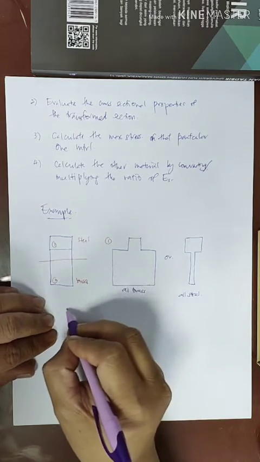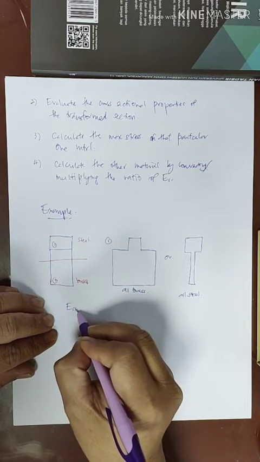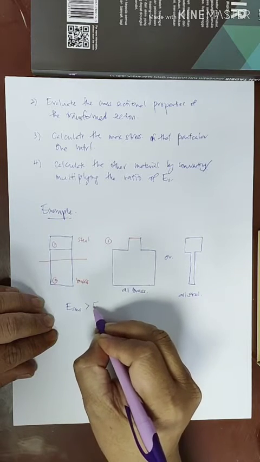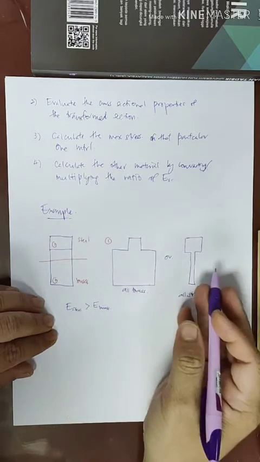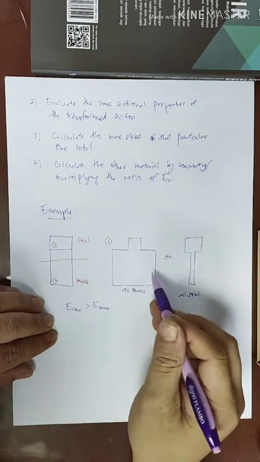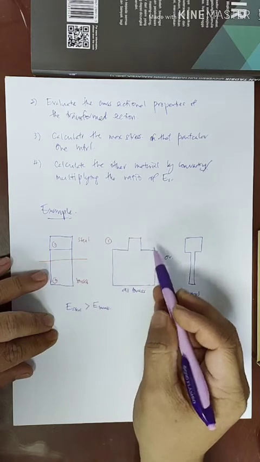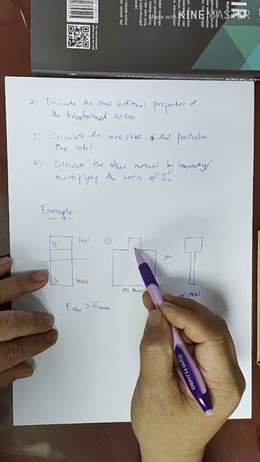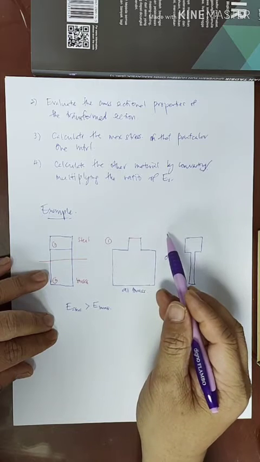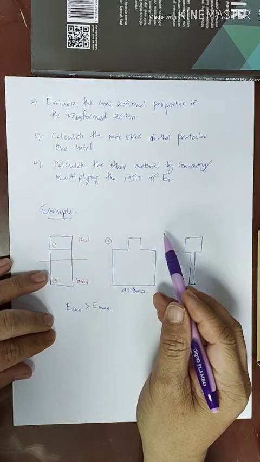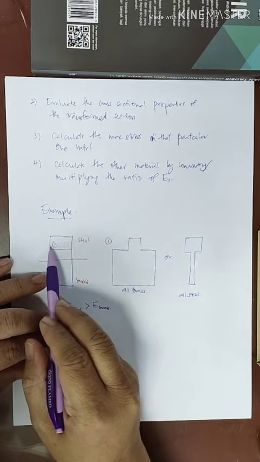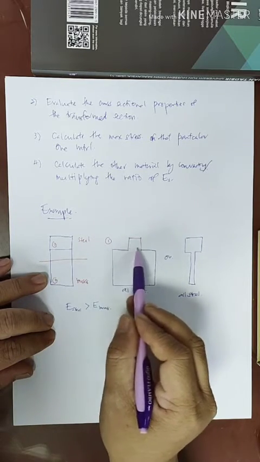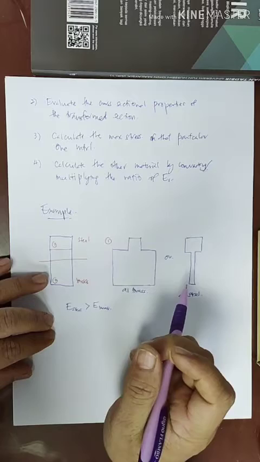The E for steel normally is higher than brass. So no wonder if you are converting the steel into the brass, you can see the size shrinks a bit.